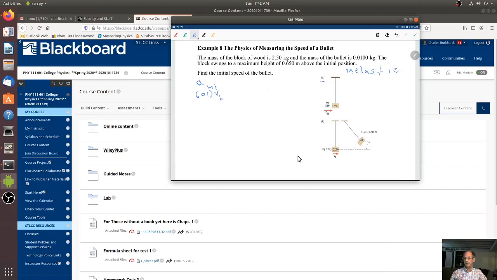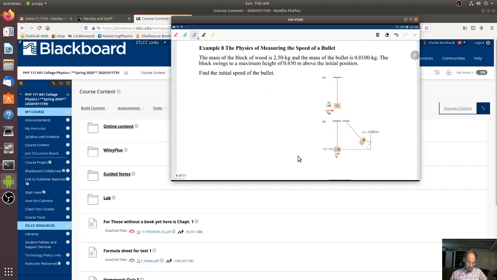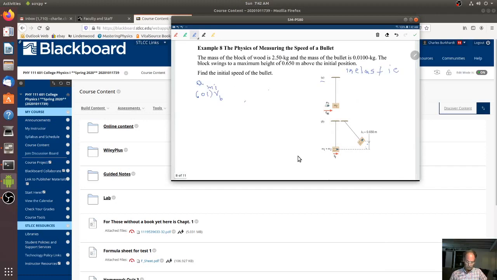Unfortunately, that would also be V sub block, but that's all right. Small b, whatever. Now, that's got to equal the final momentum after the collision, the bullet's embedded in the block. And so after the collision, this thing is going to set off with some velocity. That's the velocity that it's going to set off with in part B. And so the mass of the bullet in the block is just what you think.